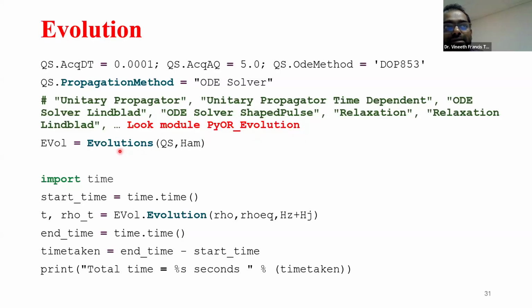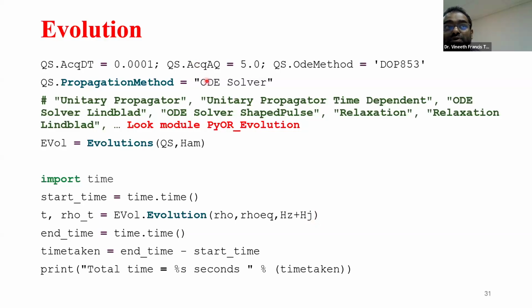Now you call the evolution class, you give the input quantum system and Hamiltonian. Now you can evolve the system using this method, which takes the initial density matrix, the final density matrix, and the Hamiltonian. There are other arguments depending upon the problem we will add here.